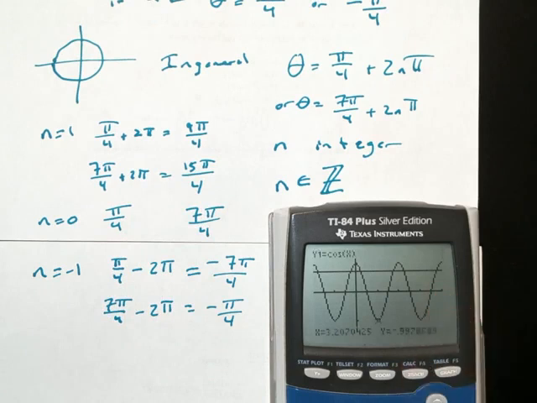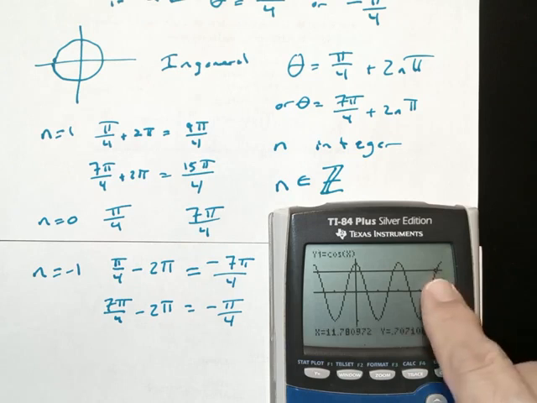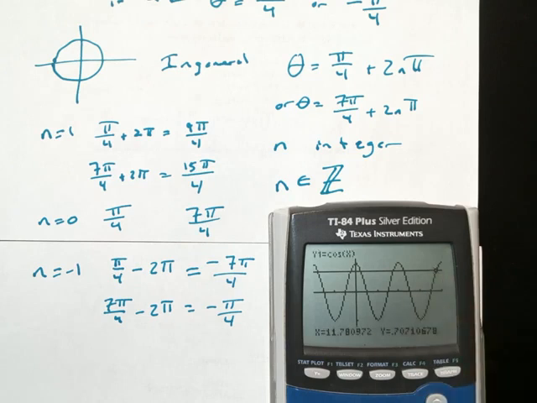Might be in the right place. Trace 15 pi over 4. Yep, there's the crossing point. Whew. Had a minute of panic there. What do I like? Oh, graph, not the math. I'm okay with that. More questions?